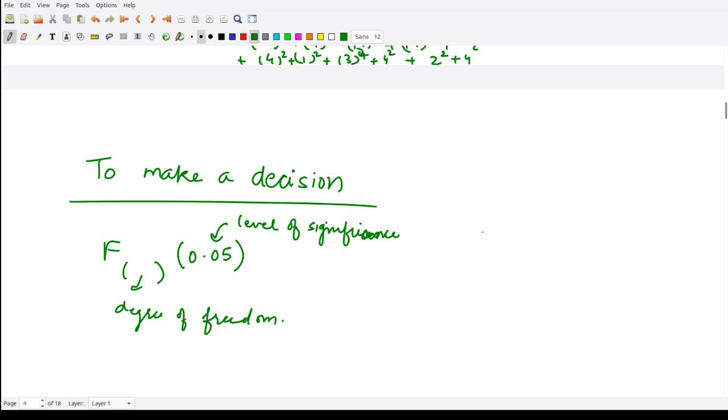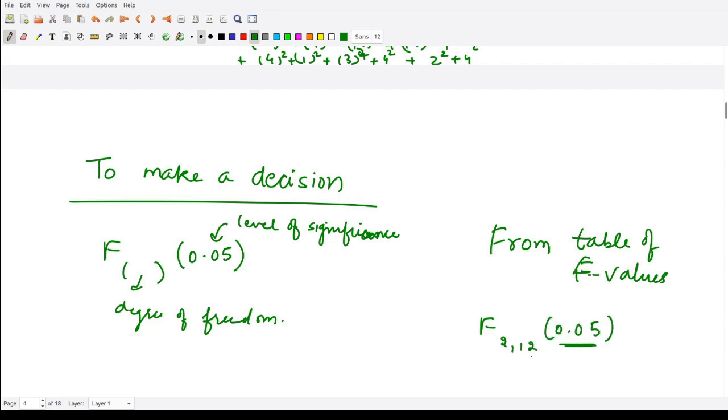So if you look at the table of F values, the value of F for 2, 12, 0.05.